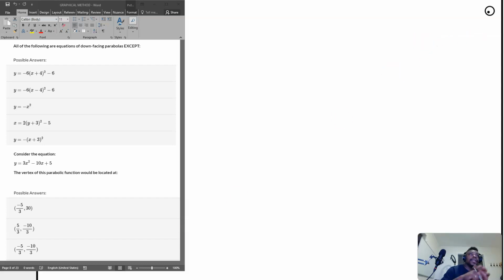So you can see here, the A of this one is minus 6, which is less than 0, so this is still correct because it's a down-facing parabola.